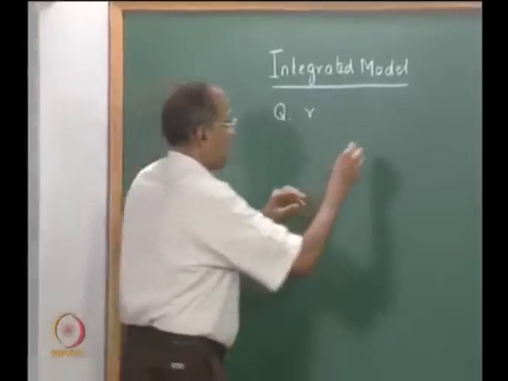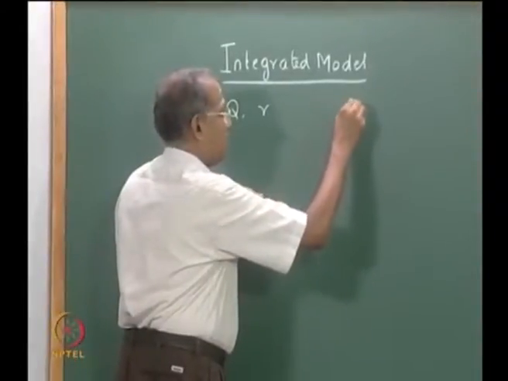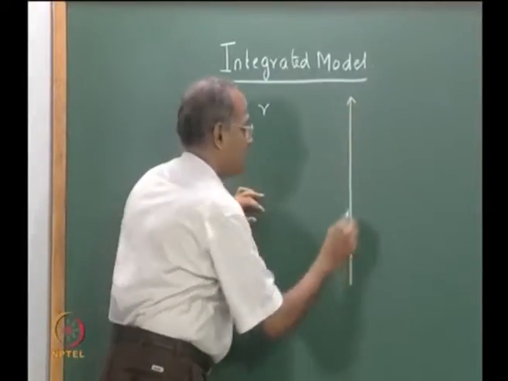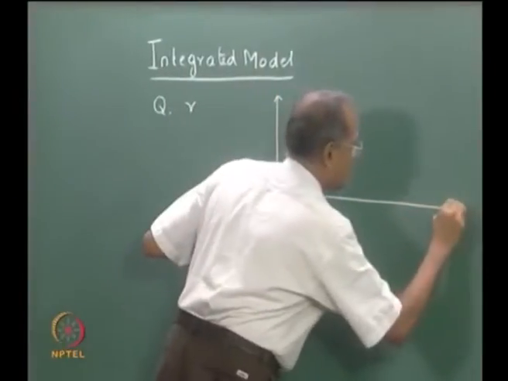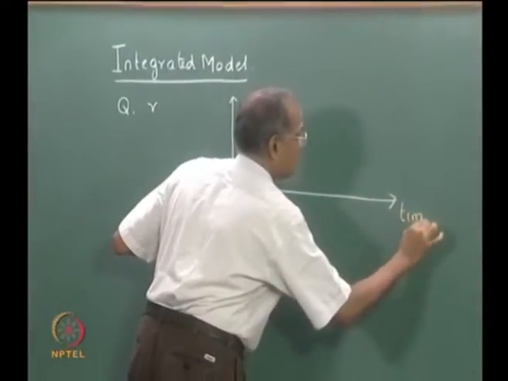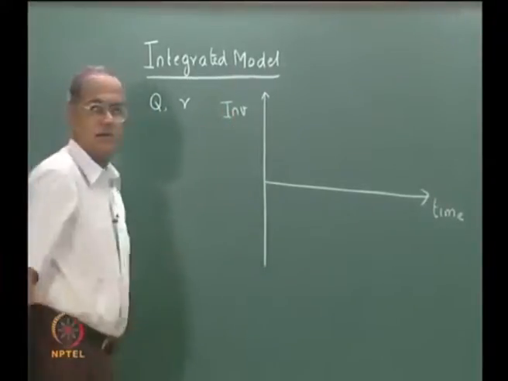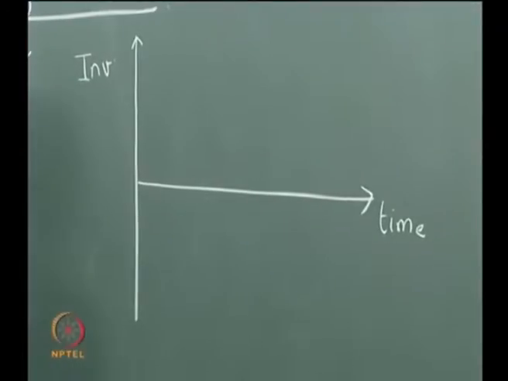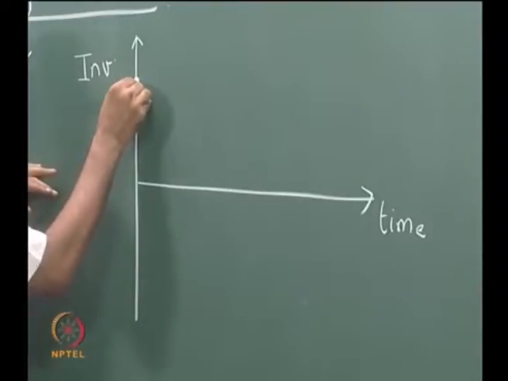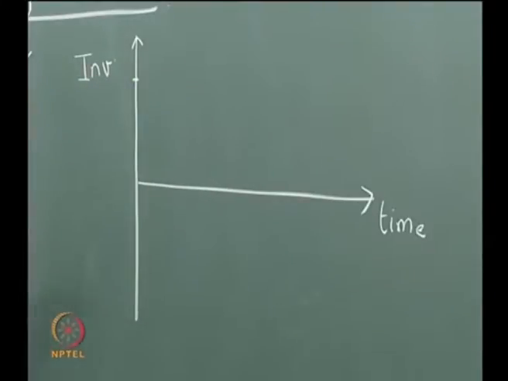Now let us go back to the basics of inventory, where we draw the usual time versus inventory graph. Let us say we start at a certain level, which right now we are not defining either as Q or as IM, and then we start consuming.